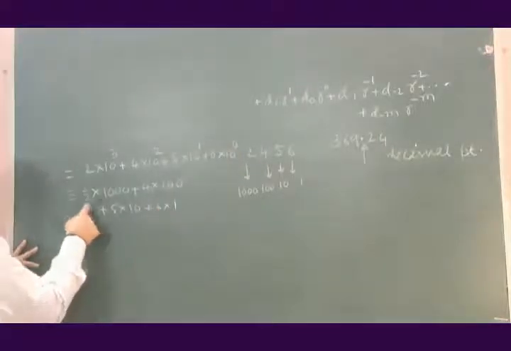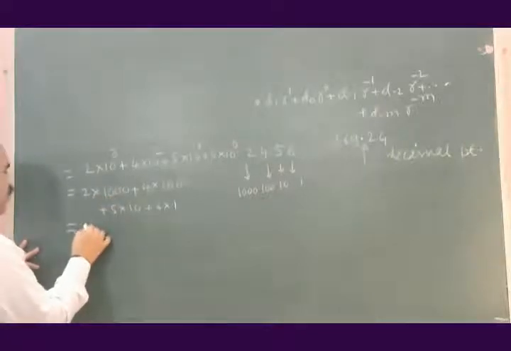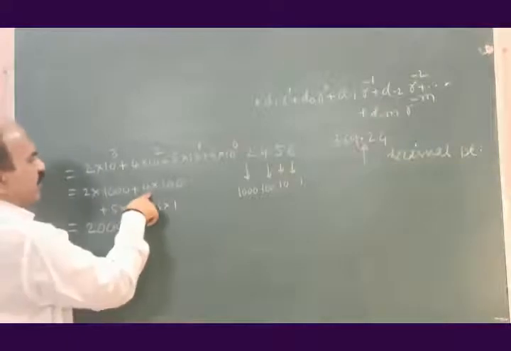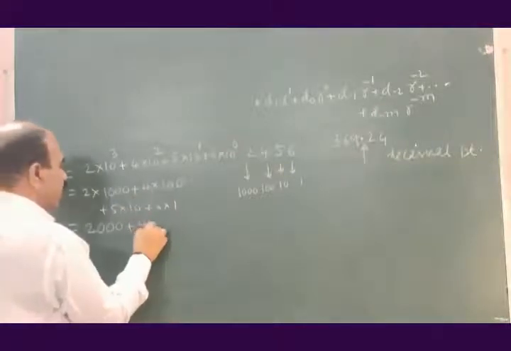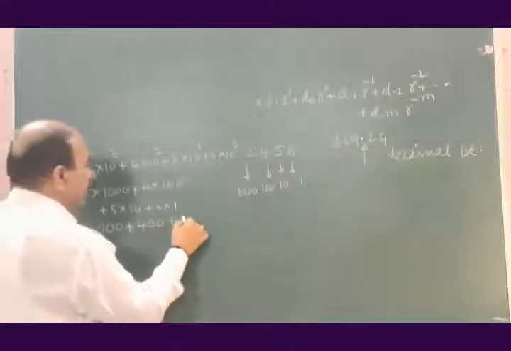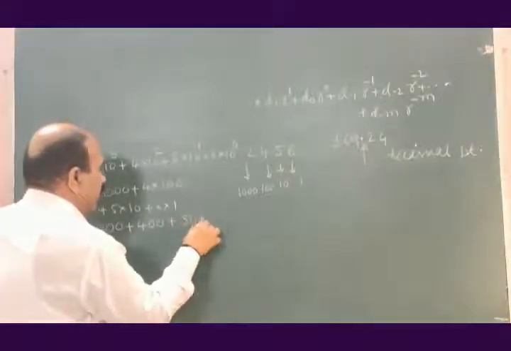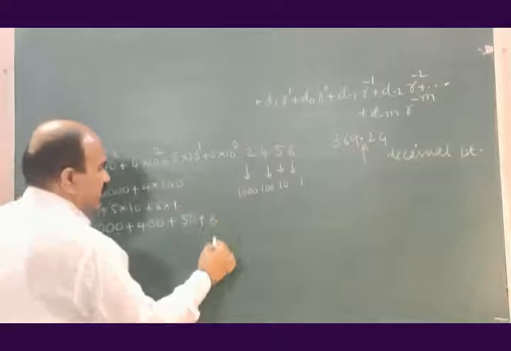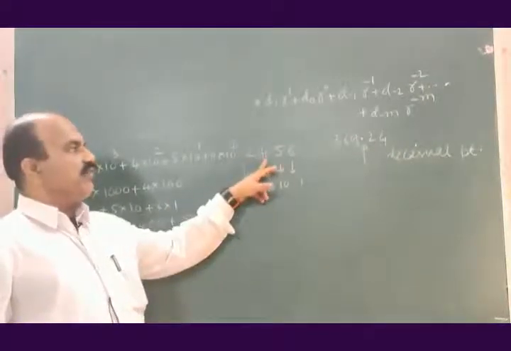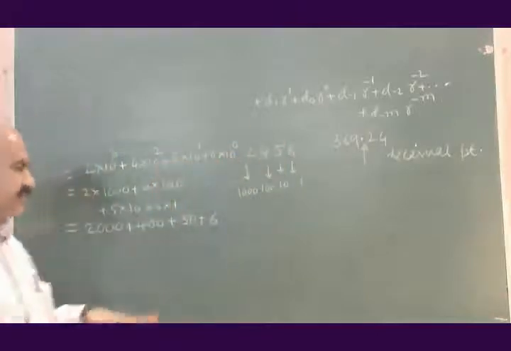This is equal to 2 into 1000, 2000, plus 4 into 100, 400, plus 5 into 10, 50, plus 6 into 1, 6. How do you read this number? 2456.